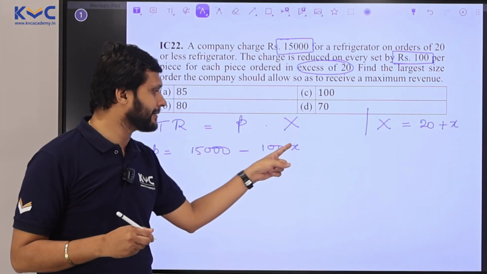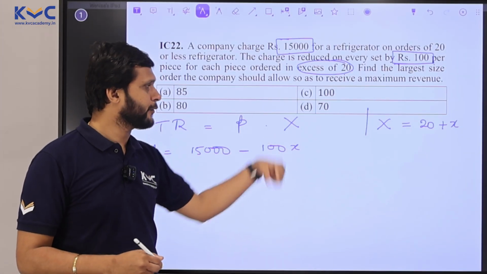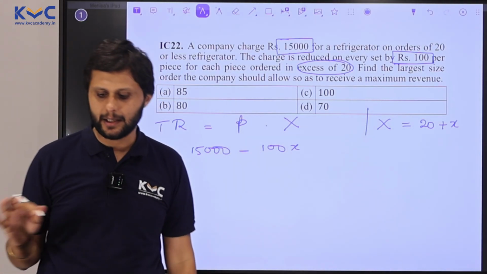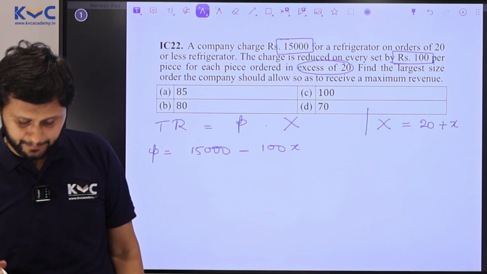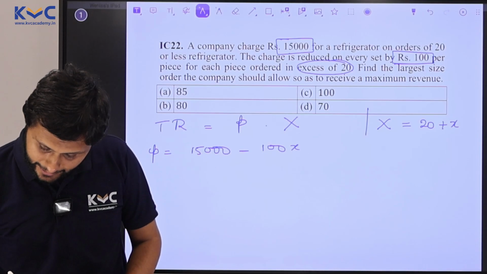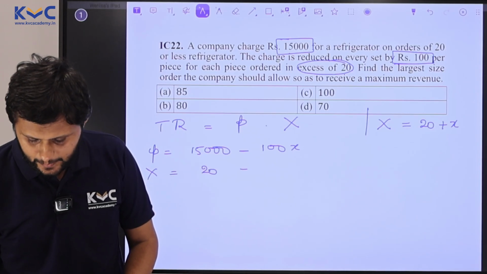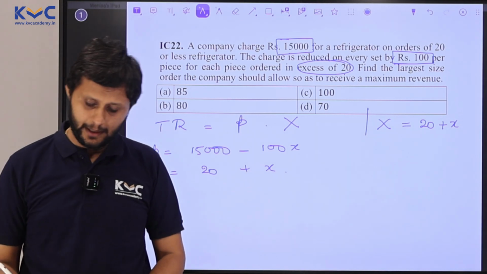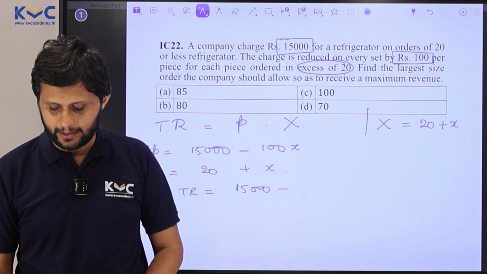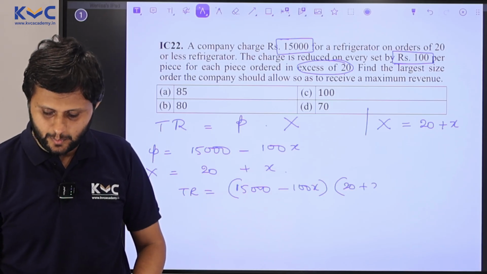So if it is 21, this will be 1. If it is 22, this will be 2. If large X is 23, small x will be 3. Now it makes sense. Price is done. Now we'll come to X, which I have already written there: 20 plus x. Now I'll write again, total revenue is equal to 15,000 minus 100 into small x, into 20 plus small x.